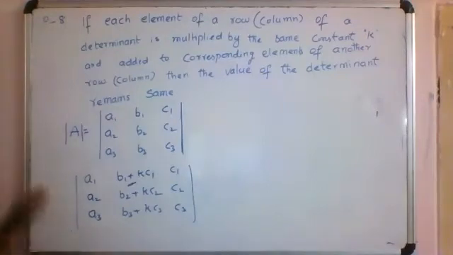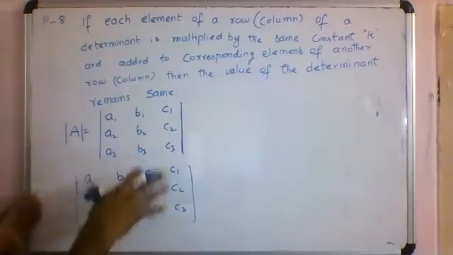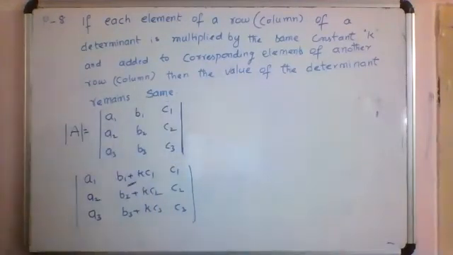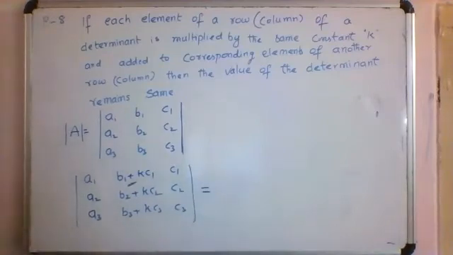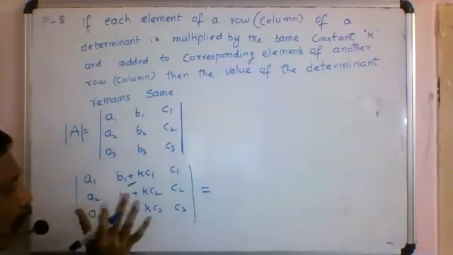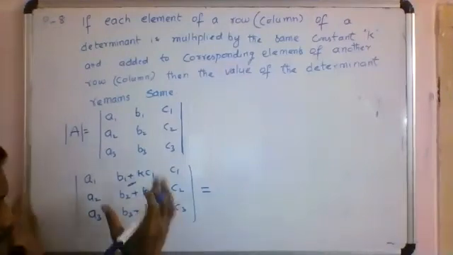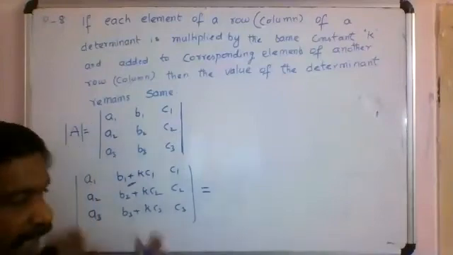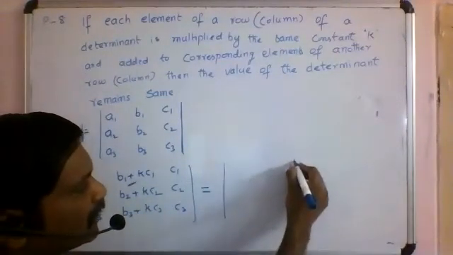What he is saying is that this is equivalent to the original determinant only. That is the property. Let us use the previous property: if any row or column contains a sum of two elements, we can split the determinant into two determinants.